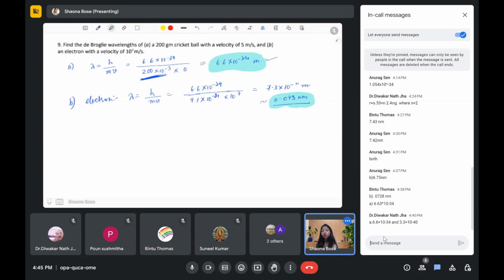But for a cricket ball, it's 10 raised to the power minus 34 meters, which is way off the order of dimensions of the cricket ball. So classical mechanics does not rely on the wave nature. Only quantum mechanics, to study microscopic particles, relies on the wave nature.